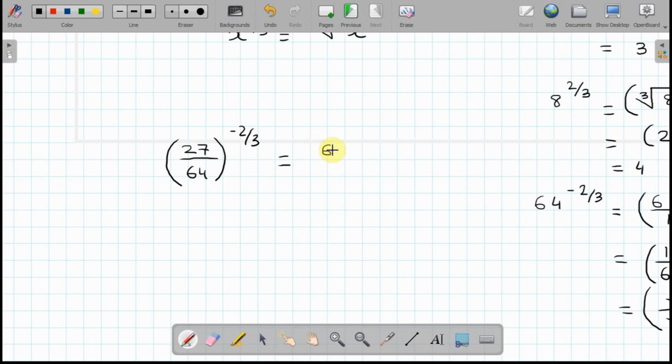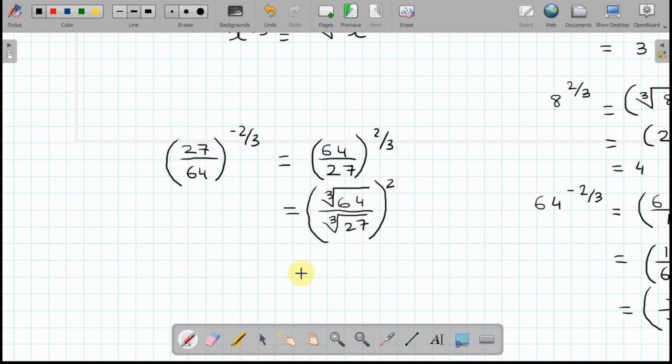So I'm going to flip the fraction over, write down the reciprocal. That gets rid of the negative power, so it's 64 over 27 to the power 2/3. Then I am going to cube root both the numerator and denominator, so I'm getting rid of the denominator from the powers. It's cube root because the denominator is 3, all of it to the power 2.